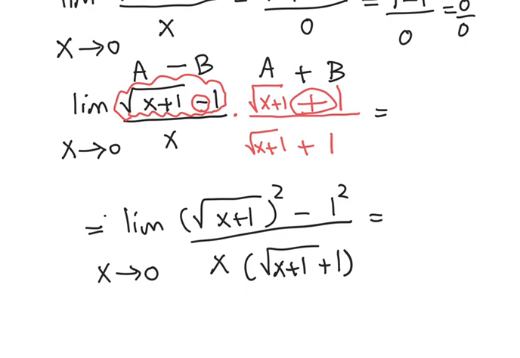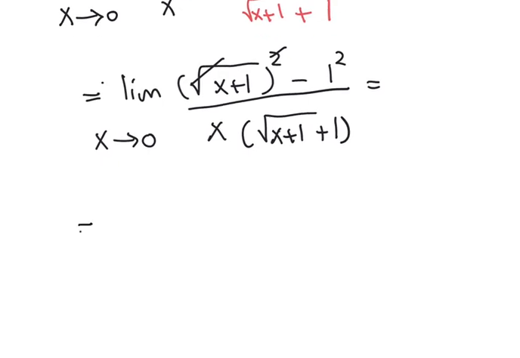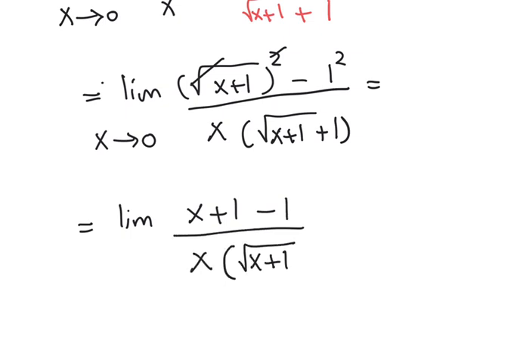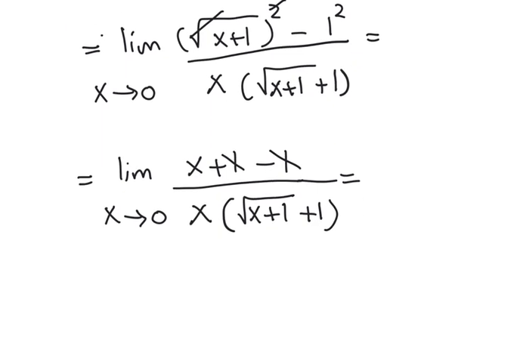You can cancel a square by a square root, equals the limit of x plus 1 minus 1 over x times root x plus 1 plus 1 as x goes to 0. You can cancel 1 by negative 1.